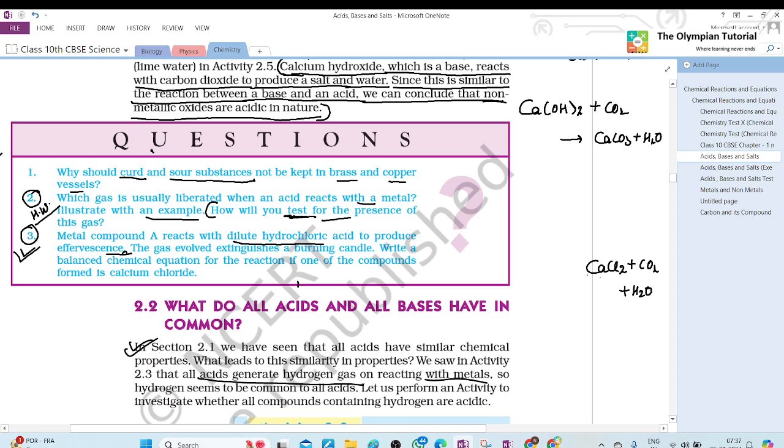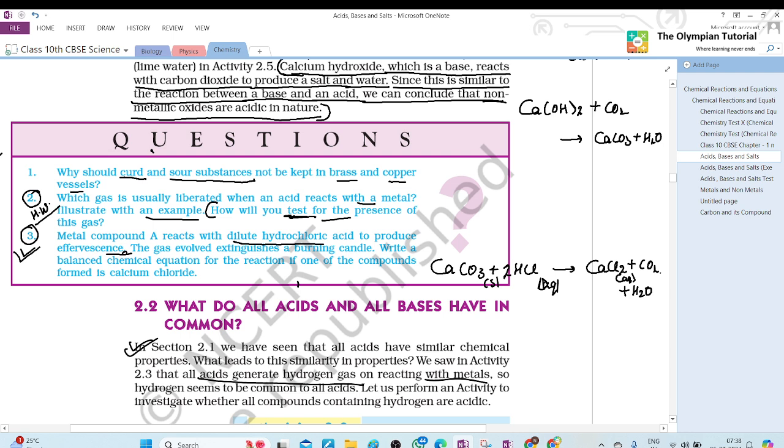When you get these substances, metal carbonate, when calcium carbonate reacts with acid, calcium carbonate will be in solid form. Hydrogen chloride, 2HCl, is in aqueous form, and it will give calcium chloride also in aqueous form.